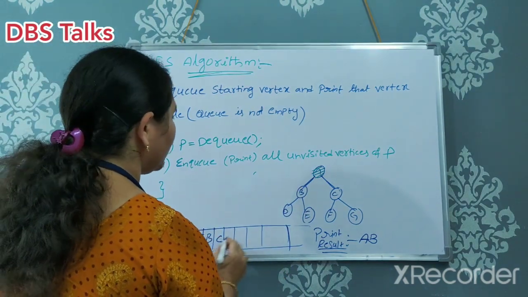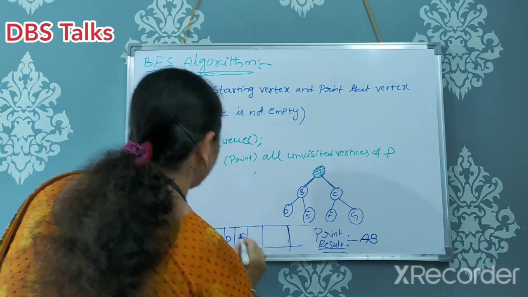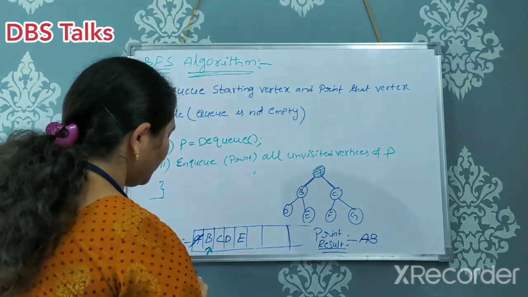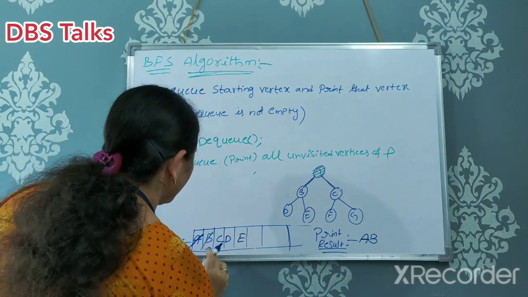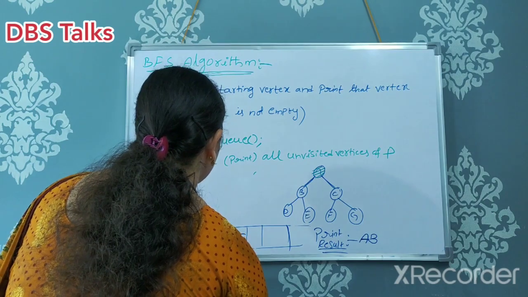Then what are the adjacents? D, E. Then we can dequeue B. Now we are going to C.